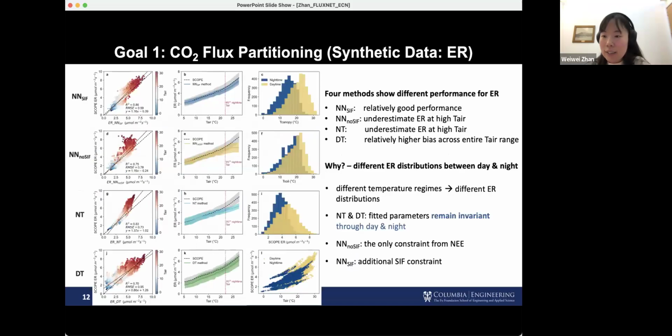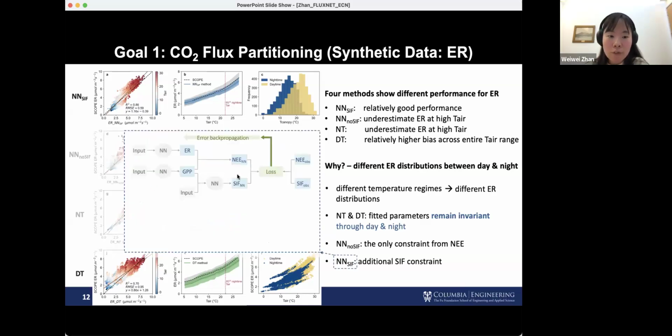Regarding the temperature point you mentioned, I would say this is less relevant to the moisture dependence, because these 2 figures are tested against different data and different climate conditions, and this is more relevant to the function for temperature. The reason why the no SIF model looks like the nighttime method here is that both fit a function using nighttime data and then extrapolate to daytime.